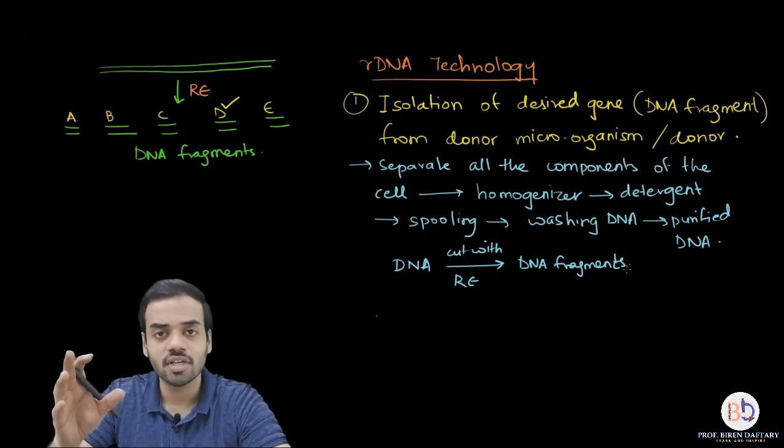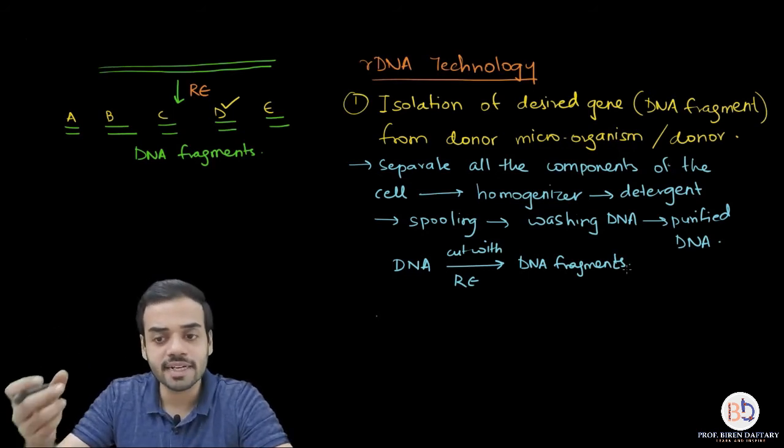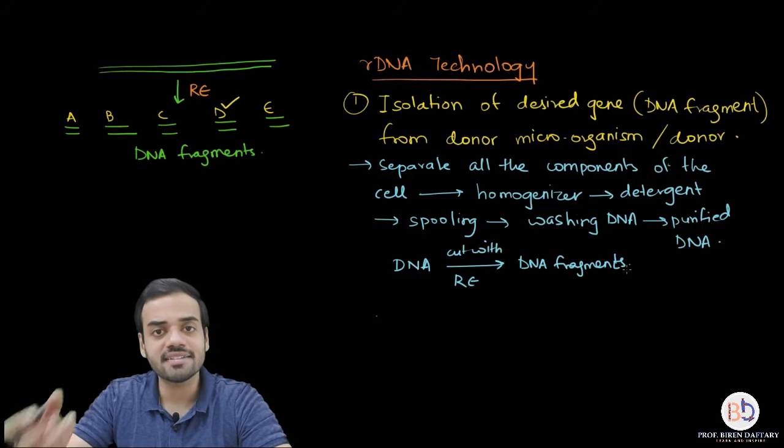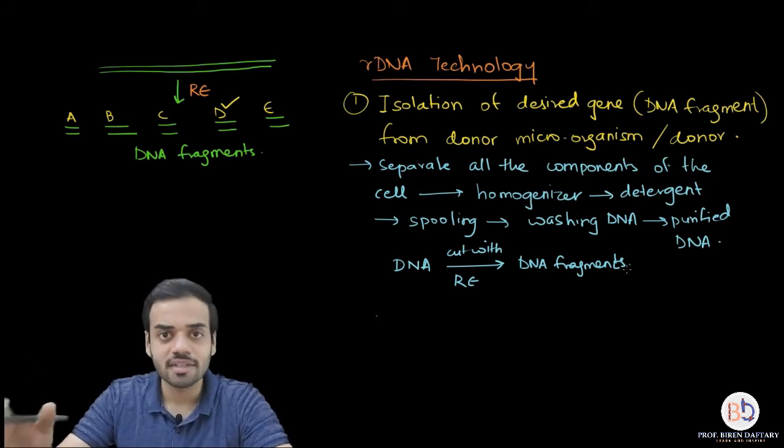Is this clear? Once you have selected that fragment, that selected fragment becomes your required gene, or your desired gene. This is very simple.